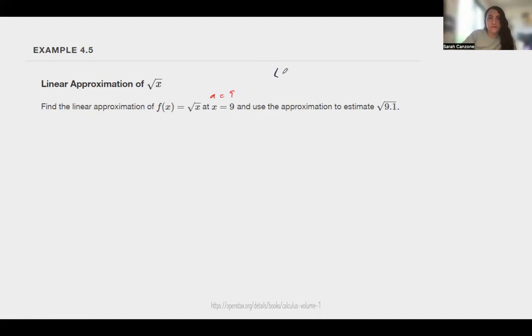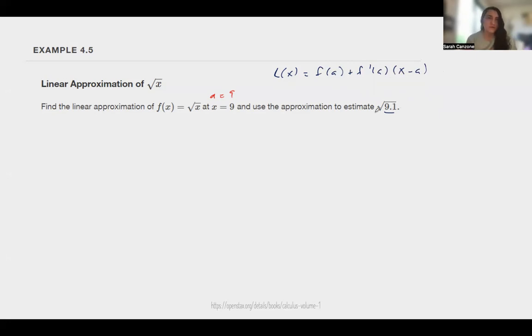We know that the linear approximation formula is L of x equals f of a plus f prime of a times x minus a. So we really want this x value to be this value right here. We want the a values to be the integers because you don't want to plug in 9.1 into most of these things. You do want to plug in 9.1 when you just have a single thing to plug it into, though. All right. So first, we will need to find f of a and f prime of a.